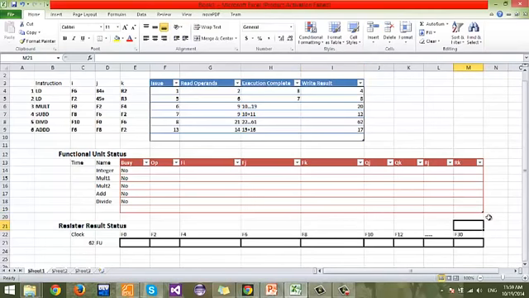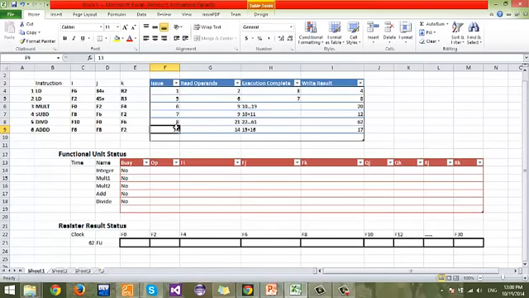Here all the instructions are finished. All the instructions have written their result. See something interesting. See the issue column: 1, 5, 6, 7, 8, 13.